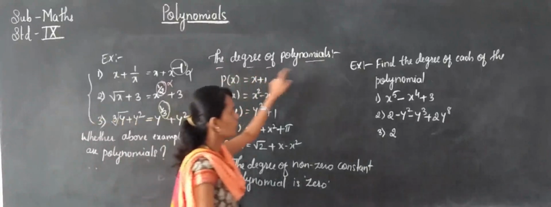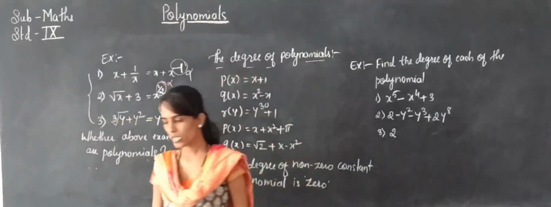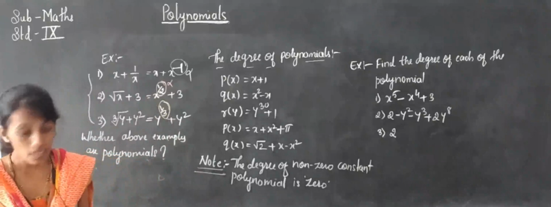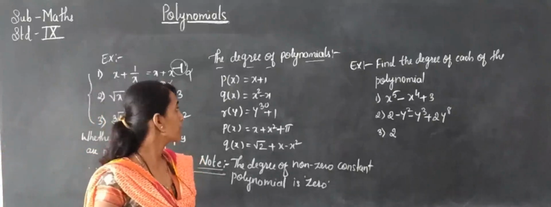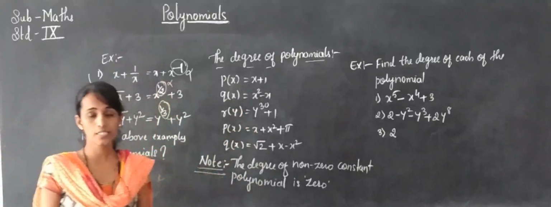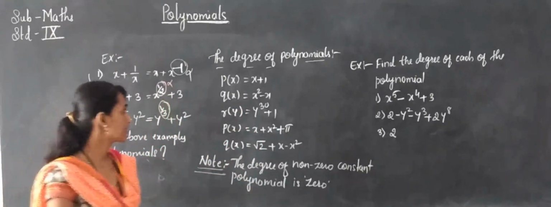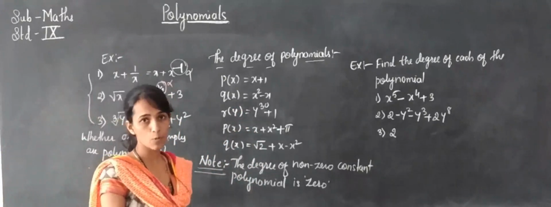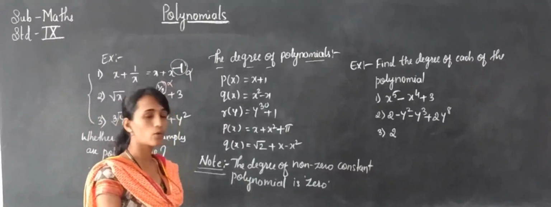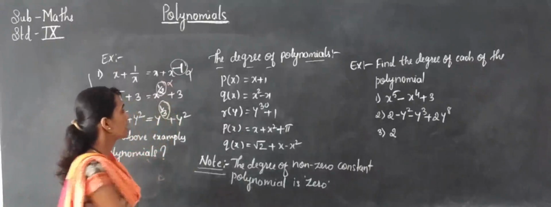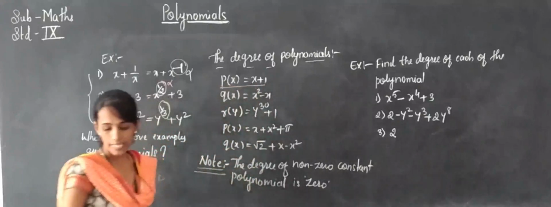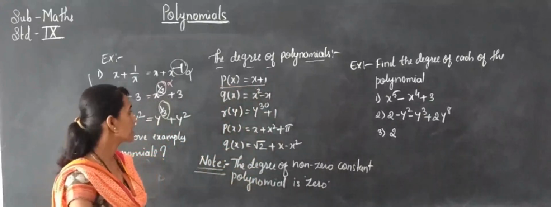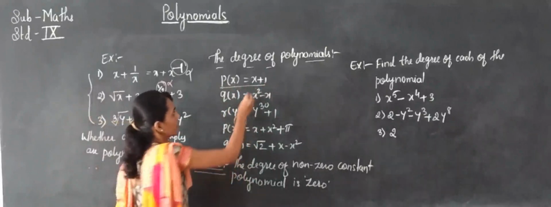Now compare this one: the degree of the polynomial. As I explained, the degree of the polynomial is the highest degree among its terms. Which term has the highest exponent, and that exponent is equal to the degree of the polynomial. So here, p of x in this first expression, what is the variable? x is the variable.